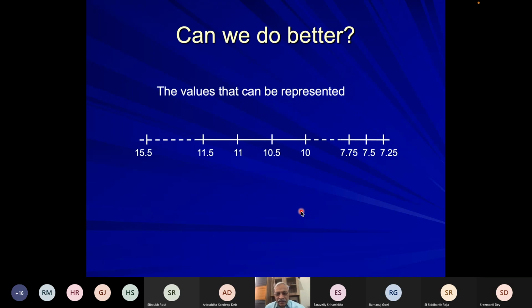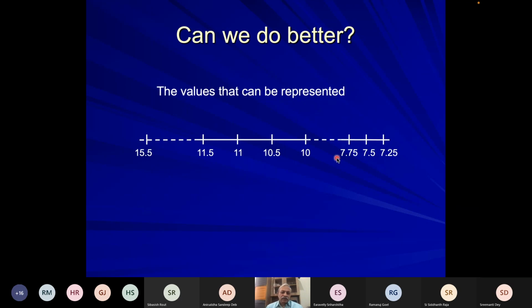The values that can be represented on the number line: within the given bits, when the exponent value is 1, then the least count is 0.5. When the exponent value is 2, then it is 0.25, and so on.